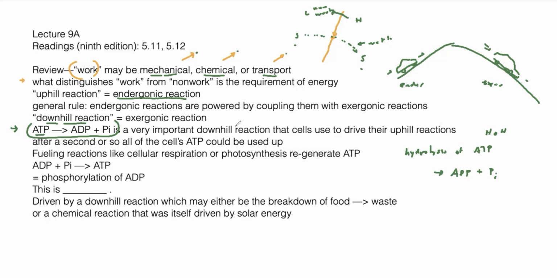All the ATP that gets used up has got to be restored, and so we need to recycle the ADP and phosphate and put that phosphate group back onto ADP so that we have more ATP to use later on. Okay, this should make sense. You can't just consume the ATP. You also have to generate ATP. And these are what we call the fueling reactions. Okay. And we're learning about them.